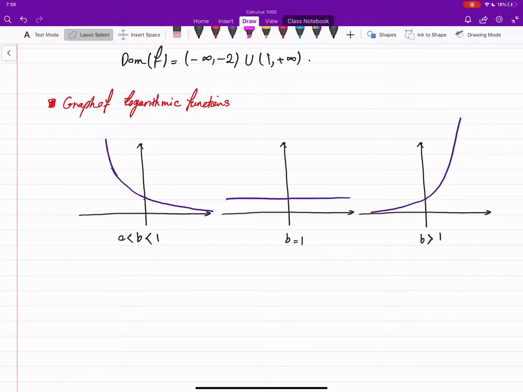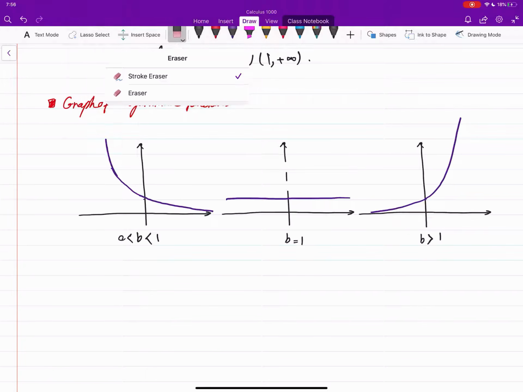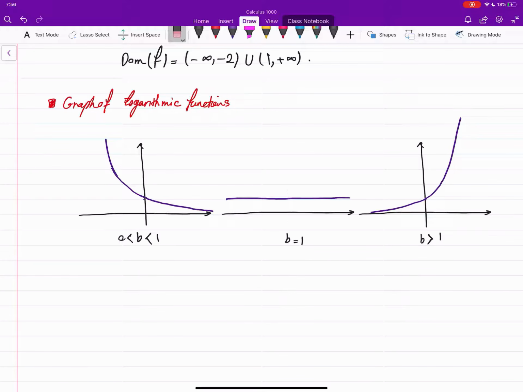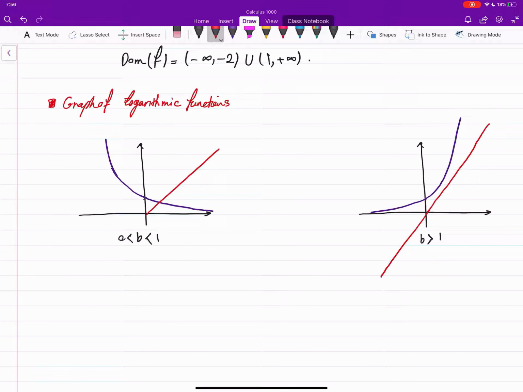So in this case, first of all, we don't have this middle case, base 1. For the other ones, you have to find the reflection of the graph with respect to y equals x. And here we have y equals x.